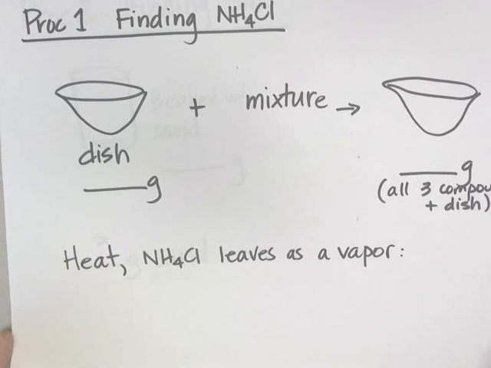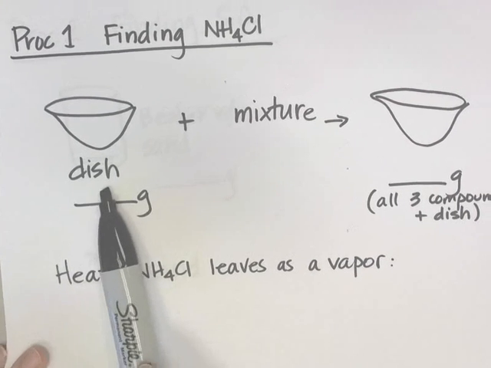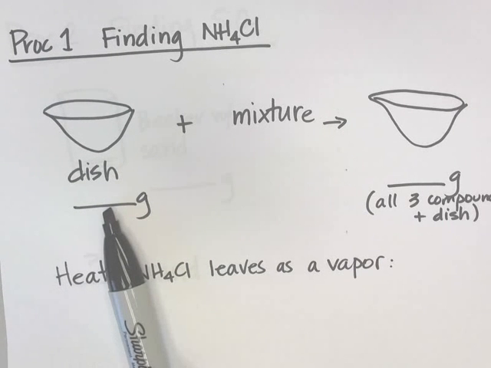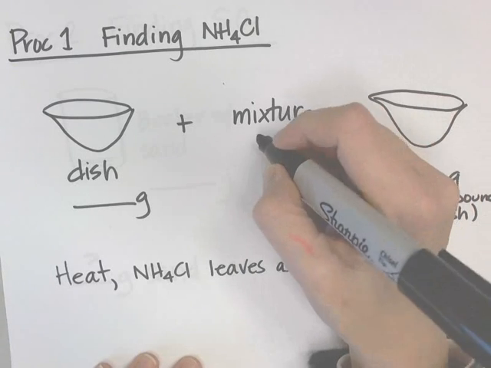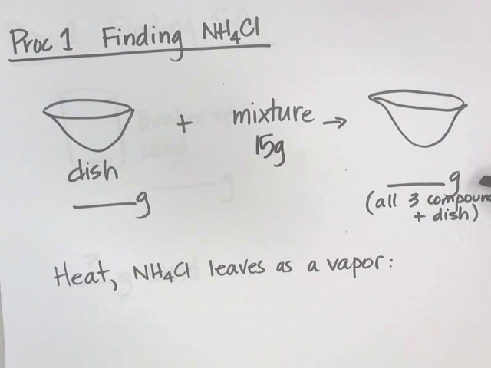Alright, for the first procedure, you're looking for the ammonium chloride. So I'm just going to mention some things to keep in mind. You're going to be conducting the experiment in an evaporating dish. Of course, we want to know what it weighs empty. You're going to add the mixture, however much the procedure says. If it's 15 grams, then you add 15 grams, and obviously the mass is going to go up by 15 grams. Keep in mind at this time, it's a dish and it contains the entire mixture.